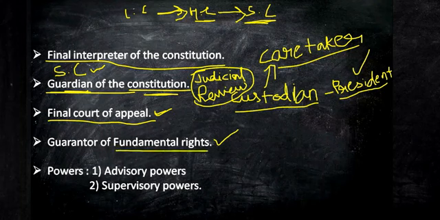Basically, the Constitution is guaranteeing the fundamental rights to the citizens, but there may be cases when the state is more powerful, that means the government is more powerful and it is imposing some laws on the people which are violating the fundamental rights. Then in that particular case, what will the Supreme Court do? Through the provision of constitutional writs, the aggrieved person will move to the Supreme Court where he will file a petition, or let us say the writ called habeas corpus.